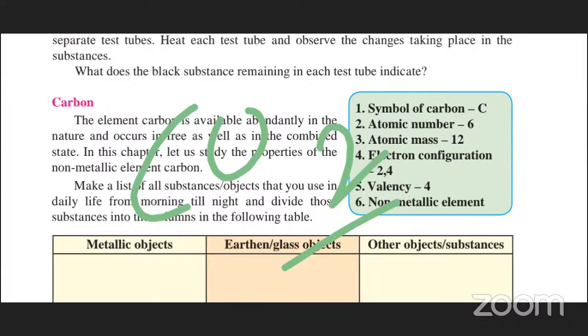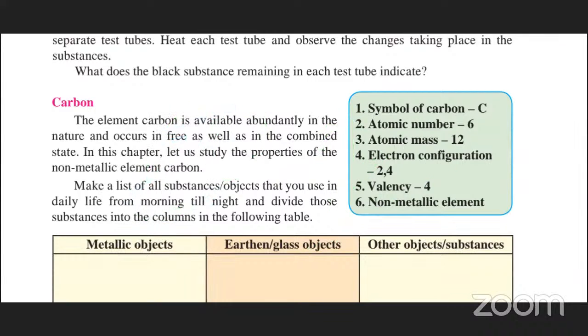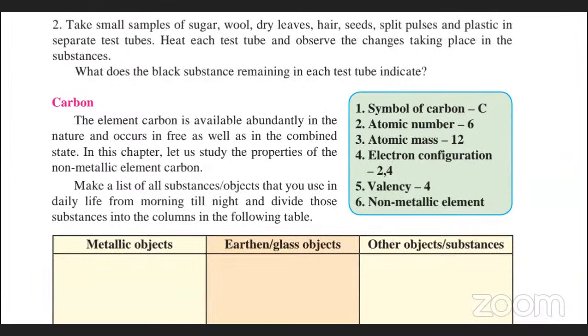These are all also forms of carbon. Carbon dioxide, carbon monoxide, or any other compound you take. There are so many compounds of carbon available, not only coal and diamond, but other compounds as well in which carbon combines with some other element. Okay.